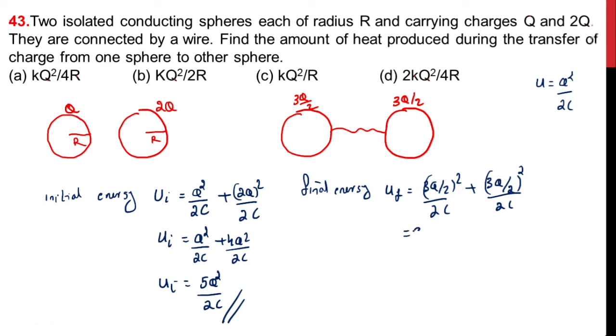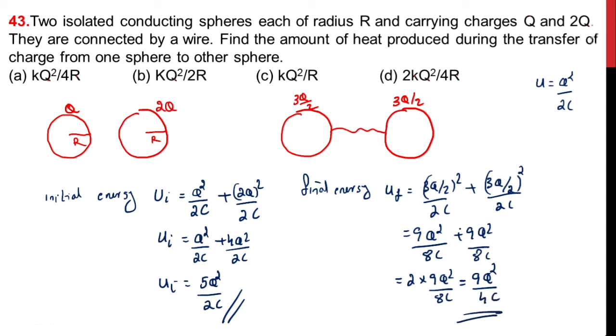We can write 9q square divided by 4 times 2C, that is 9q square divided by 8C, plus the same thing, 9q square divided by 8C. So the final answer is 2 times 9q square divided by 8C, which is equal to 9q square divided by 4C. So this is the final energy.